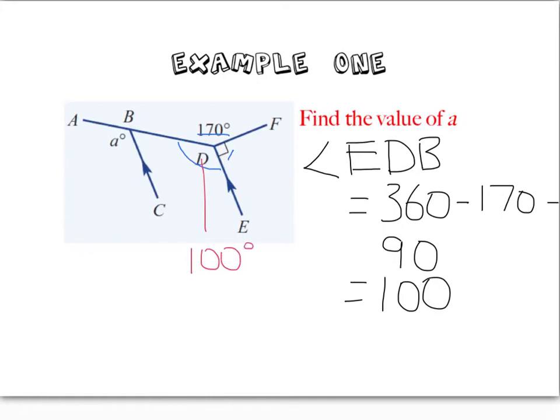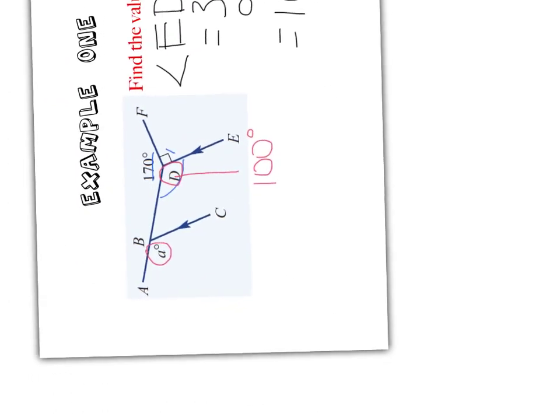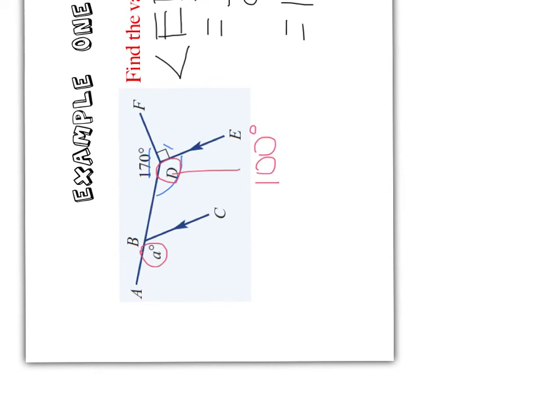Now, let's have a look. Okay, that helps me out with D. Is there any relationship between this here and that there? If I rotate my shape, this will look funny on the video tutorial, but I notice that this shape is making an F, which must mean that this angle here and this angle here are corresponding.